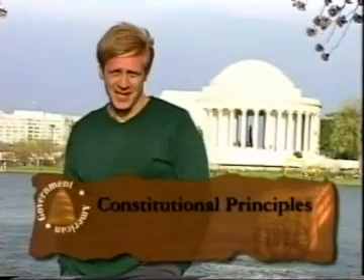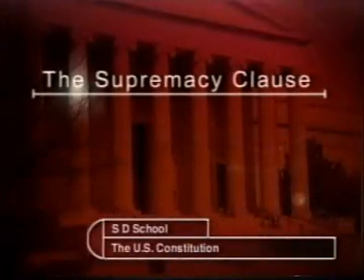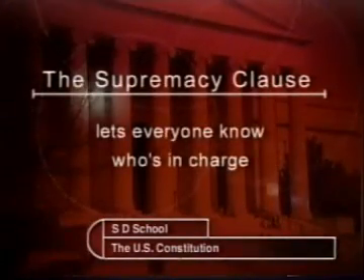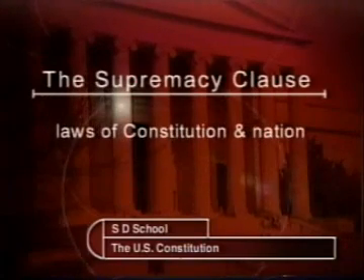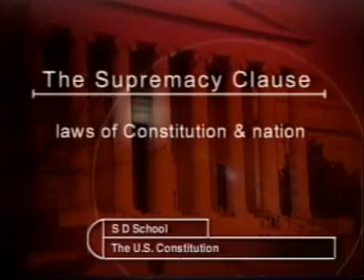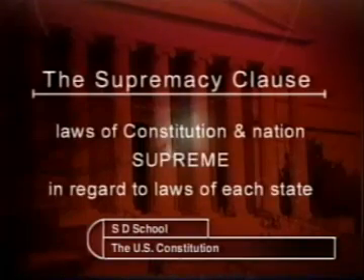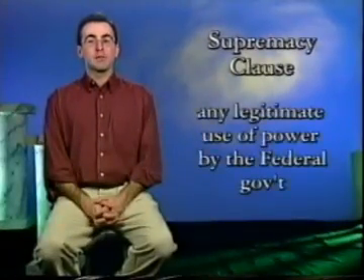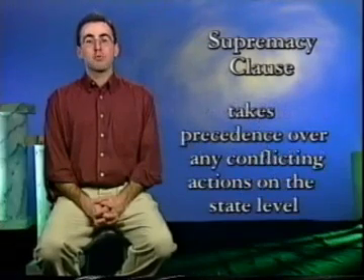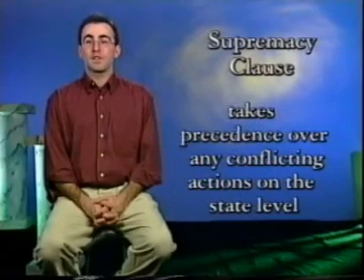But there's one more concept to rope into this here caravan of constitutional principles, and that's the Supremacy Clause. The Supremacy Clause lets everyone know who's in charge. The Supremacy Clause holds that the laws of the Constitution and the nation as a whole are supreme in regard to the laws enacted by each state. The Supremacy Clause means that any legitimate use of power by the federal government takes precedence over any conflicting actions on the state level.